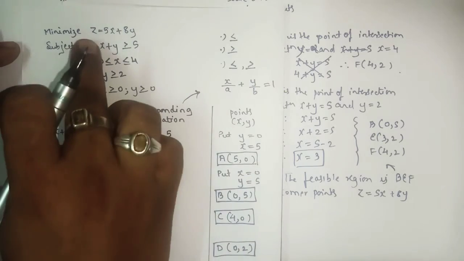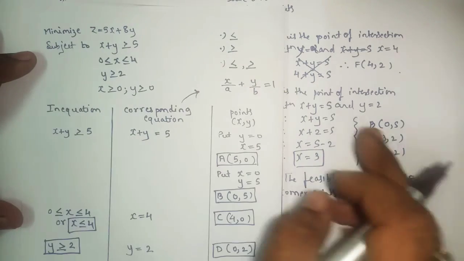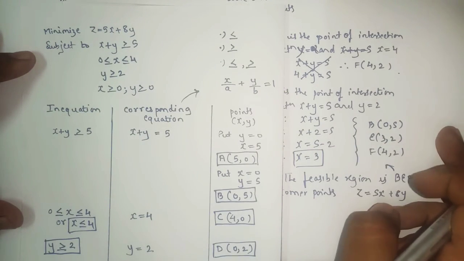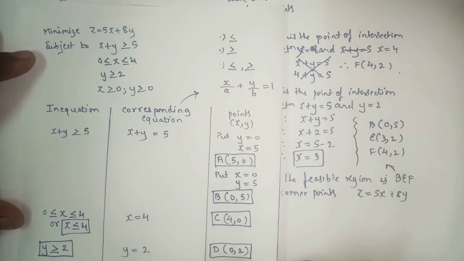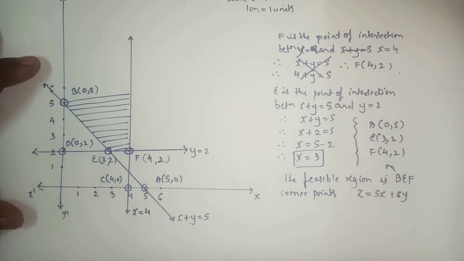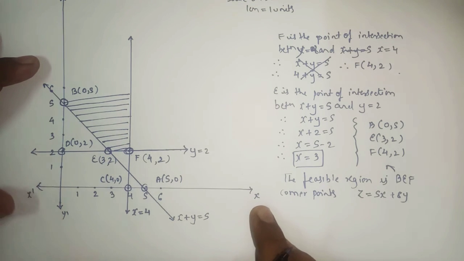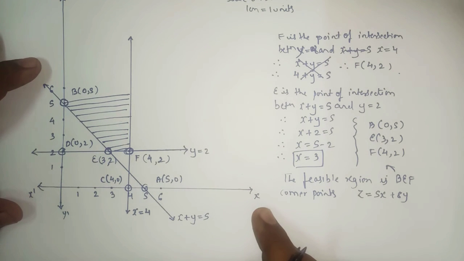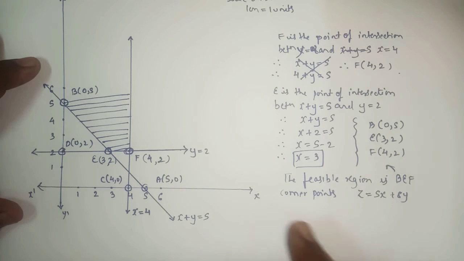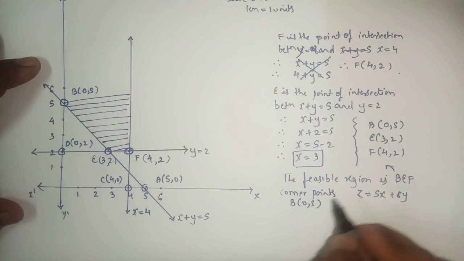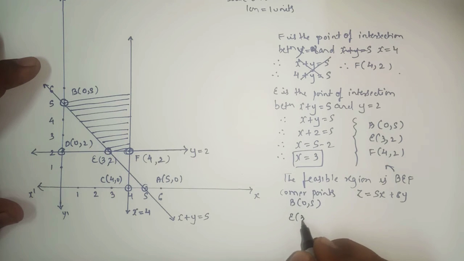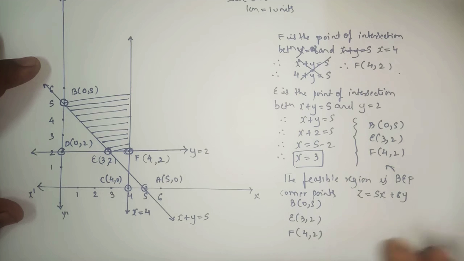So the value of z will be minimized either at B (0, 5), or E (3, 2), or F (4, 2). Now we'll check where we get the minimized value of z. The first point is B (0, 5), the second point is E (3, 2) and the third point is (4, 2).